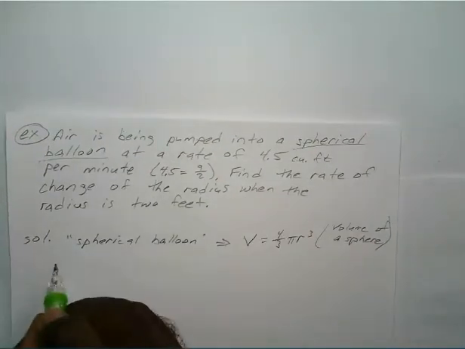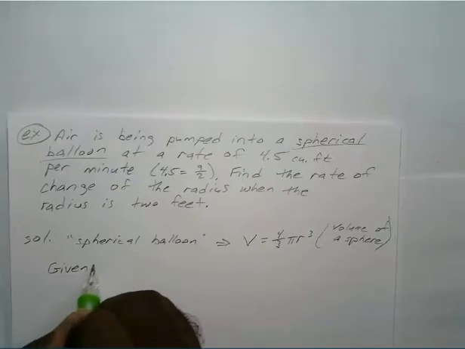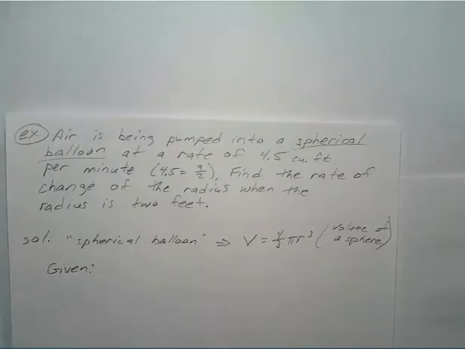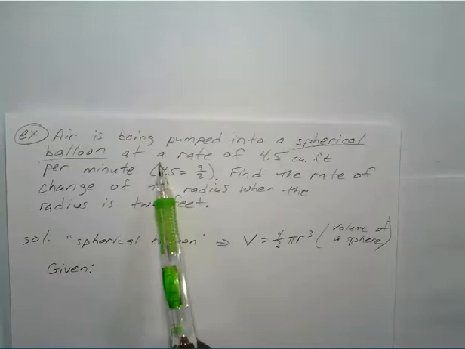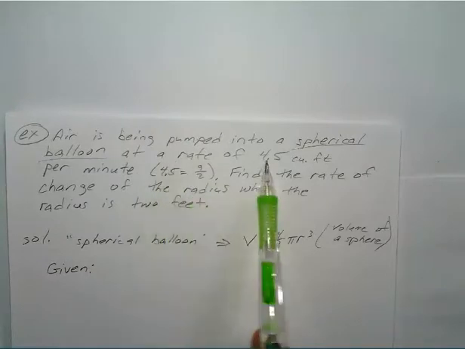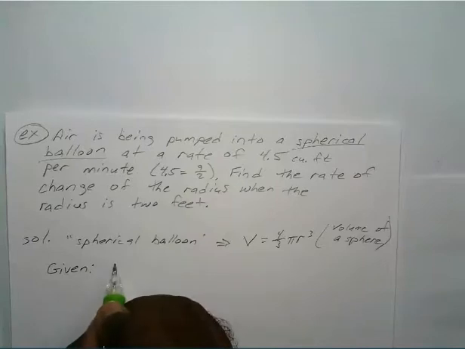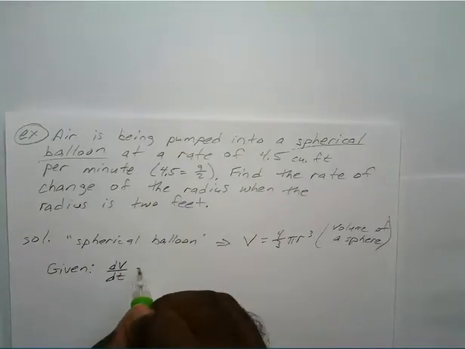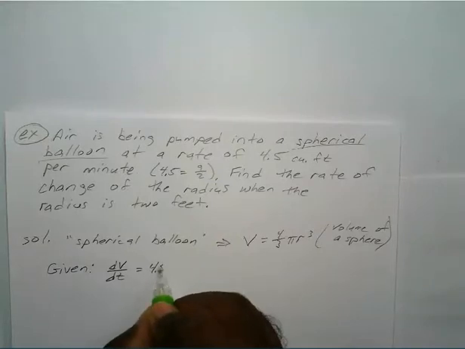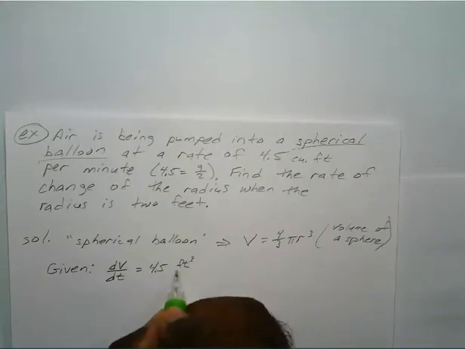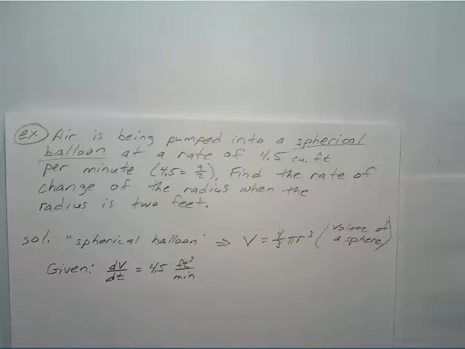So we're given that the volume is changing at a rate of 4.5 cubic feet per minute. So the rate of change of the volume with respect to time is equal to 4.5 cubic feet per minute.